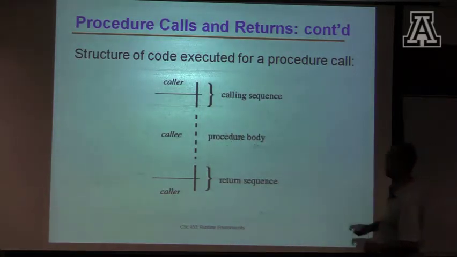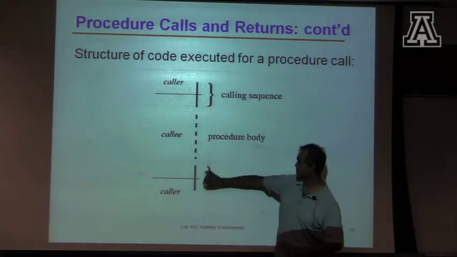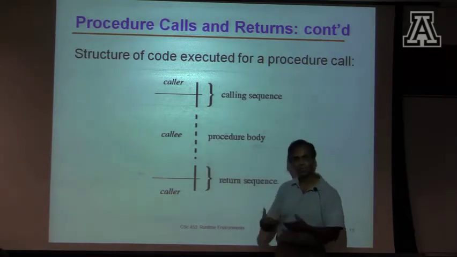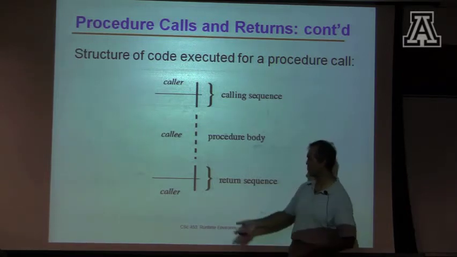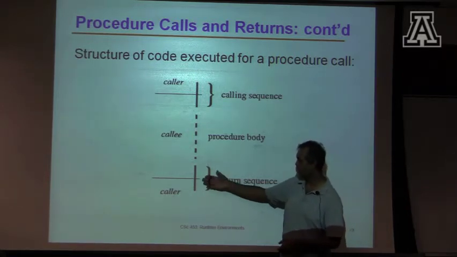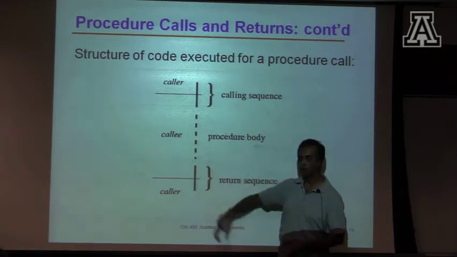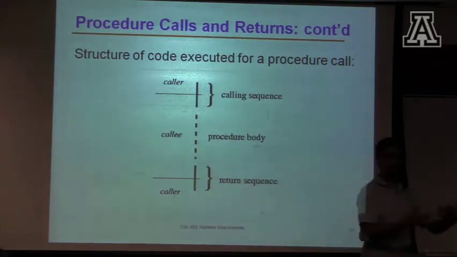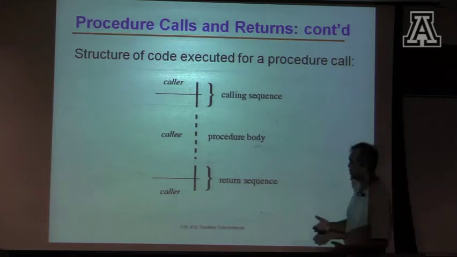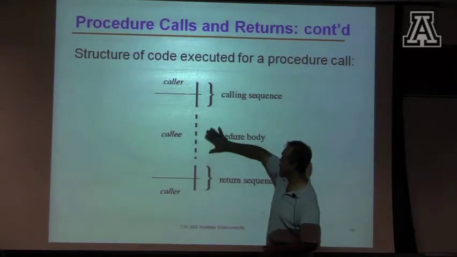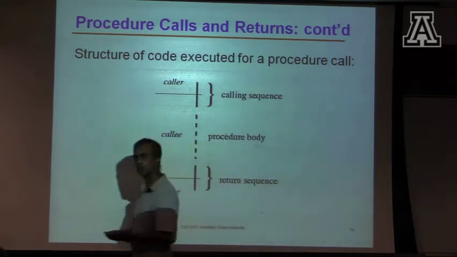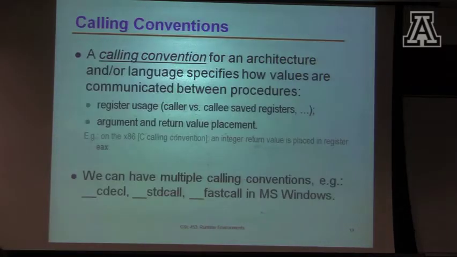Okay? So analogously, I have the return sequence. Some of it's in the callee. So the callee sets up the return value, if there's one, puts it where the caller can find it, deallocates the stack frame. Control returns to the caller. The caller might take the return value and put it someplace where it can find it separately. So here's the return sequence. And in between these is the actual body of the callee. Okay.